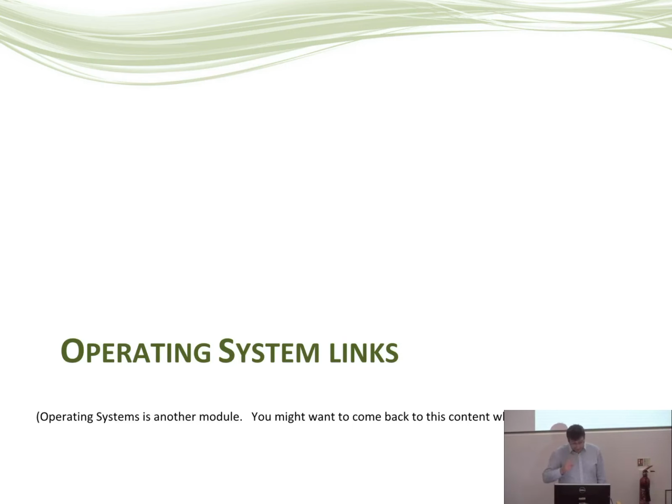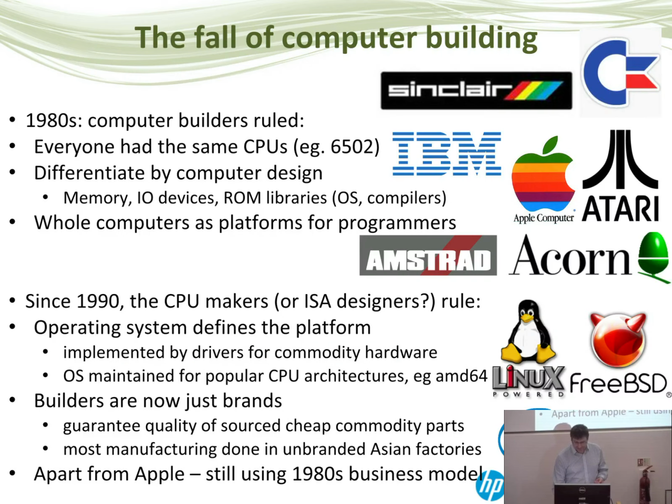We used to do that in the olden days, but almost all your computers now will be running a piece of software called an operating system that abstracts you away from the architecture. So to try and understand how the computer on your desk or in your pocket actually links to architecture, it's good to study a little bit of what goes on at that level. You do get a whole extra module on operating systems where you look at this in a lot of detail, but I just want to show you how it connects to this module here.